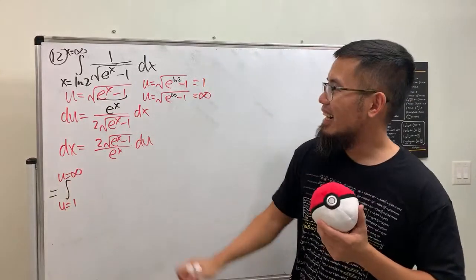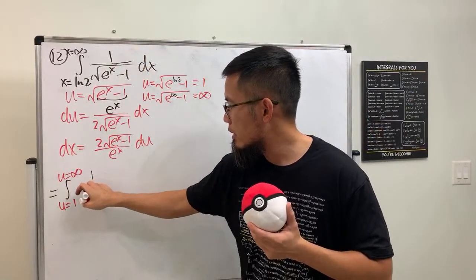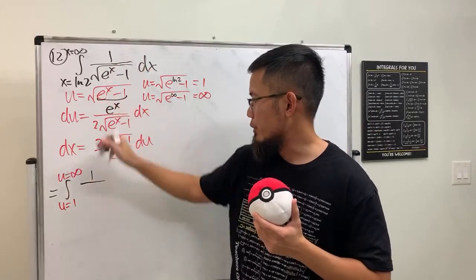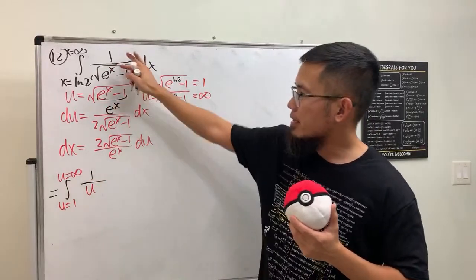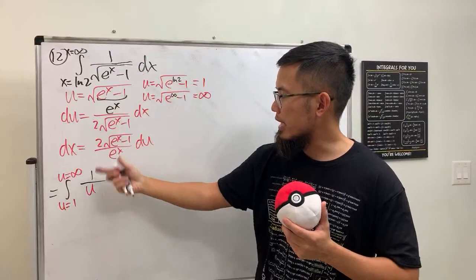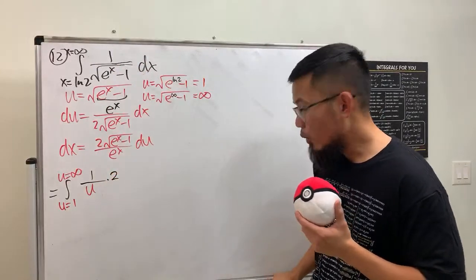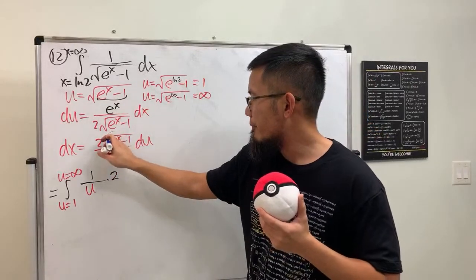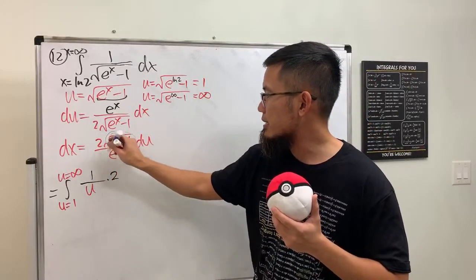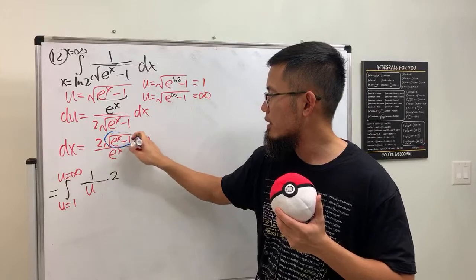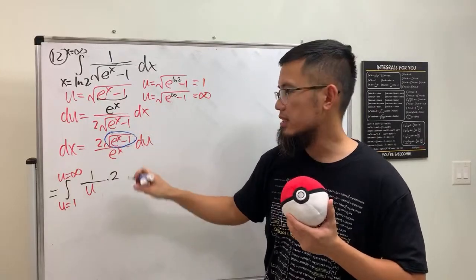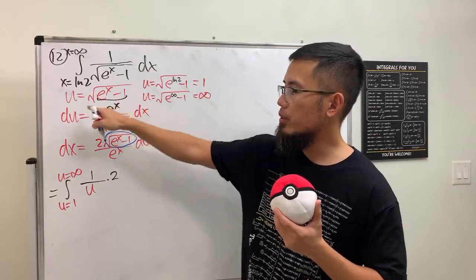Right? Okay, 1 over this guy is our u. Alright, that's good. And then dx is this guy. We have 2, so multiply by 2. But notice this guy, square root of e to the x minus 1. This is nicely equal to our u.